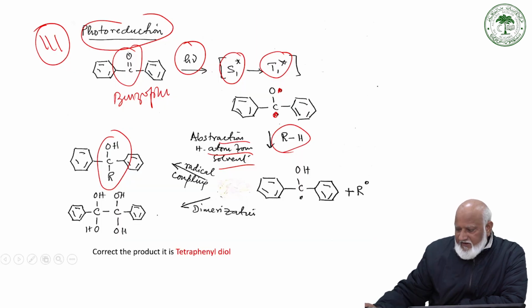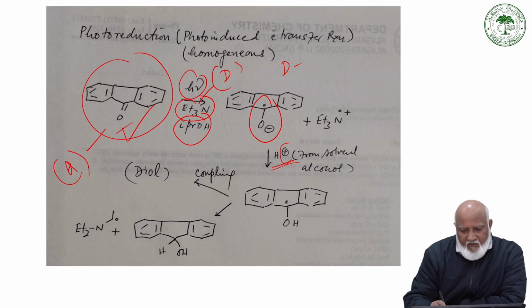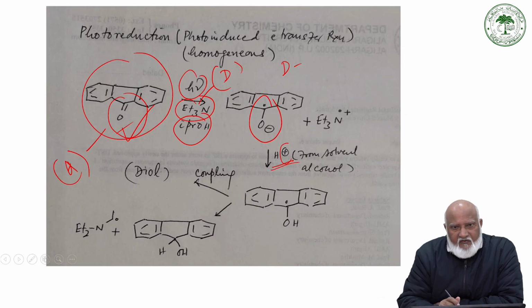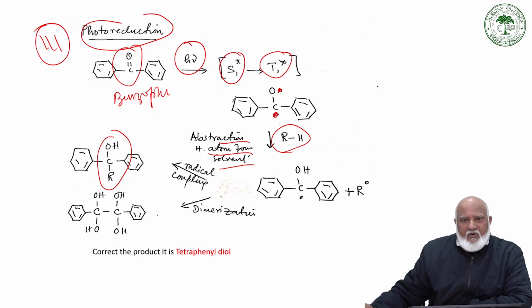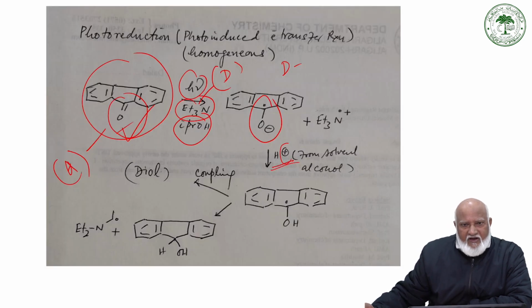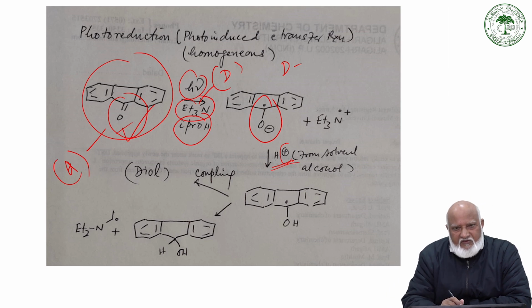This type of indanone diol can be formed by coupling at this end, as well as by abstracting a hydrogen atom from triethylamine, one of the CH2 groups of the ethylamine. So overall this is a photo-induced electron transfer reduction. Reduction of carbonyl is possible, mostly common in aromatic ketones, possibly on direct photolysis, as well as via indirect photolysis in the presence of triethylamine.